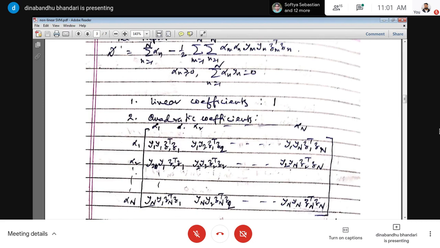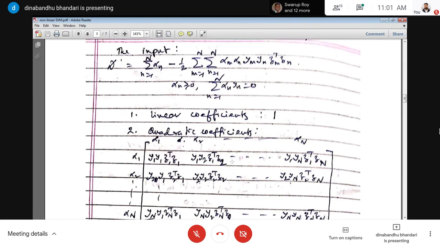However, what we can see is that to use the QP solver, if we can calculate this dot product somehow, then we can obviously feed this data to the QP solver and we can get the values of alphas, right? The Lagrange multipliers. And once we get the values of alphas, a few alphas will be positive.